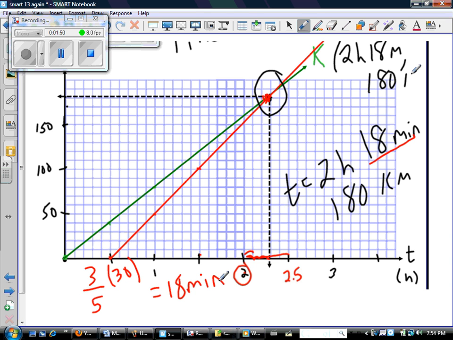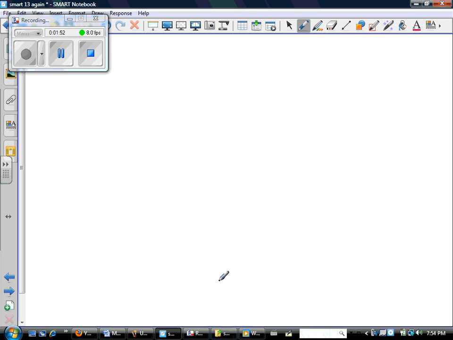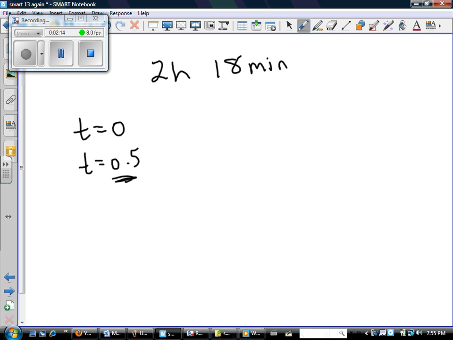So two things we could have done instead. Instead of saying that our answer was 2 hours and 18 minutes, we could have turned our answer into a decimal. Remember how we decided that t equals 0 was the starting value for this particular question, and that Yvette started therefore at t equals 0.5. Well, since we were using decimal time anyway, then maybe we should have answered this question using decimal time.